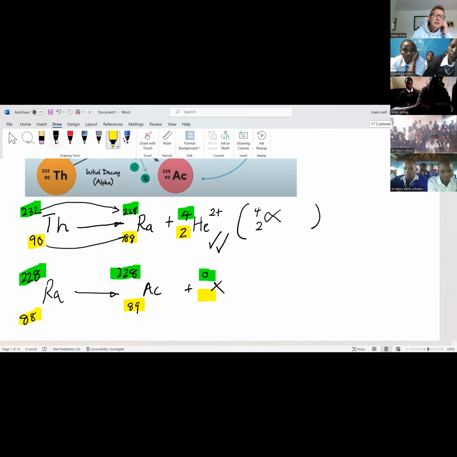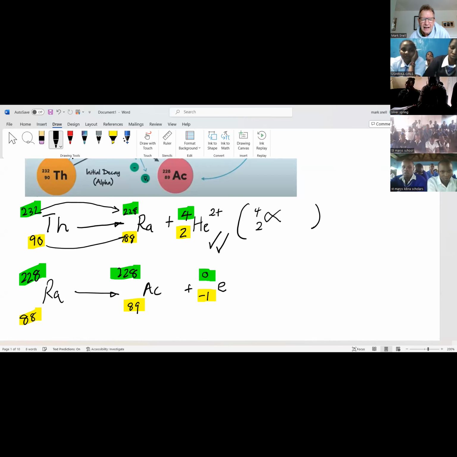Well, that's a bit strange. It's got to add up. So 88 equals 89 and minus 1. Well, that's weird. Ah, that's because X must actually be an electron.